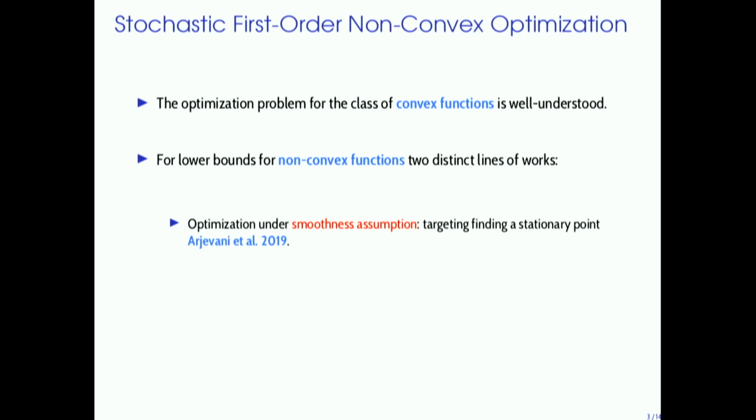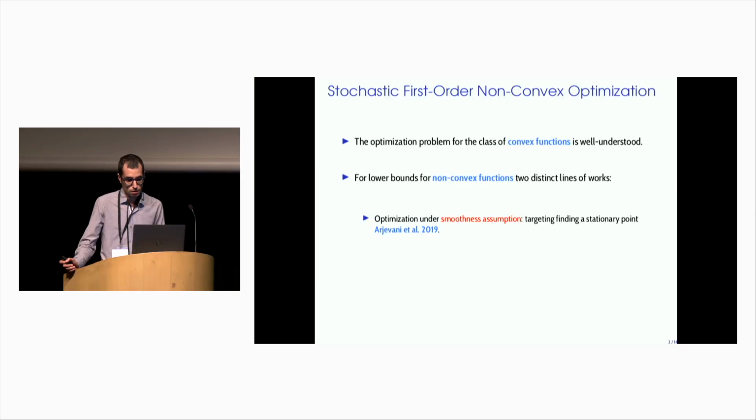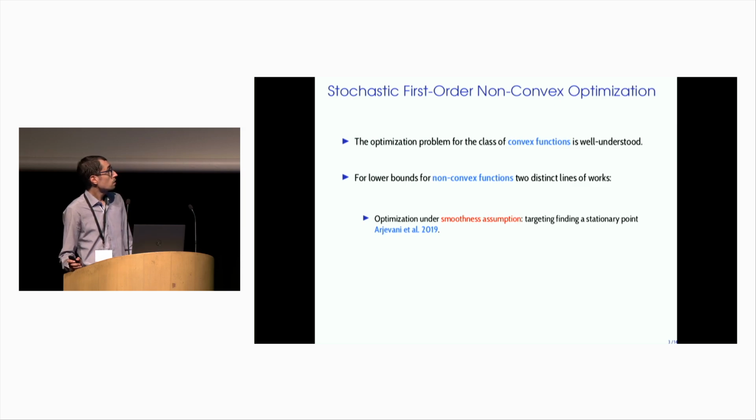As we saw yesterday, the problem for convex functions is well understood, and now the attention has shifted towards non-convex problems. On the lower bound side, there are two main lines of work. The first assumes that the function is smooth, and the objective is to find a stationary point. There are some lower bounds developed by Arjevani in this setting.